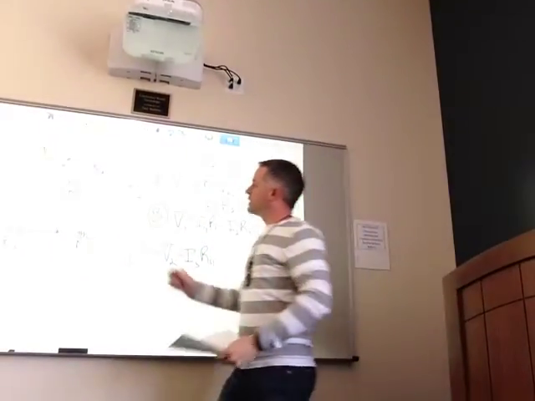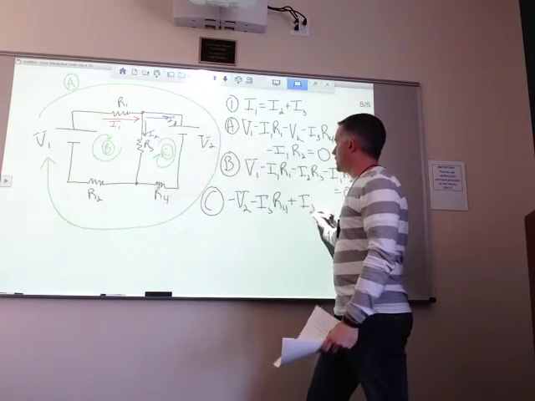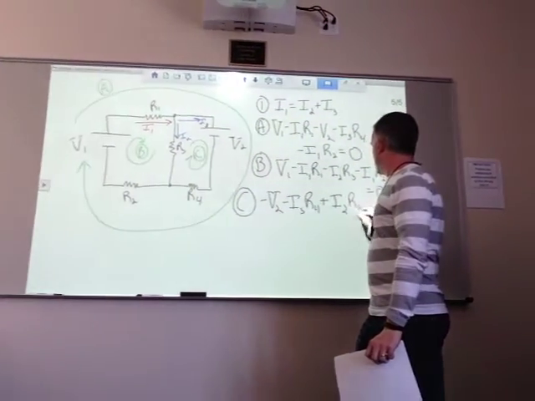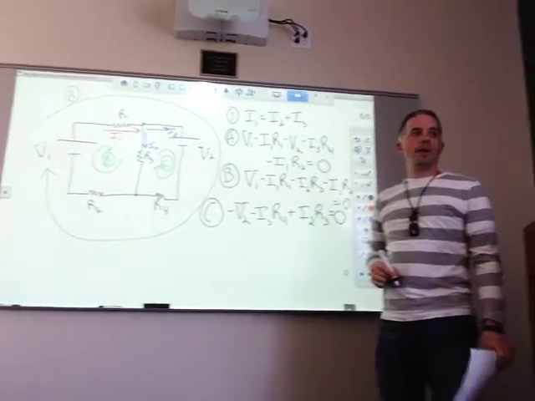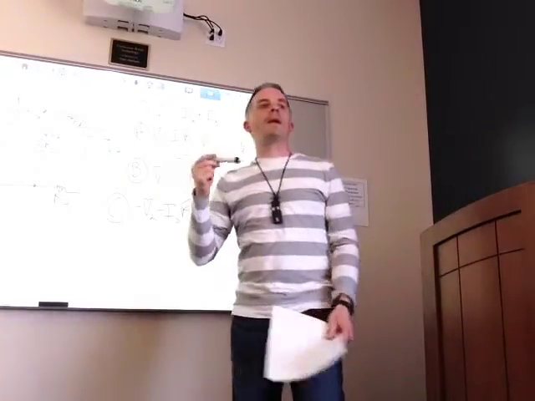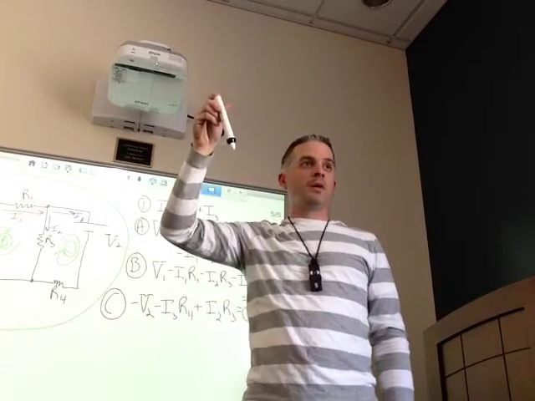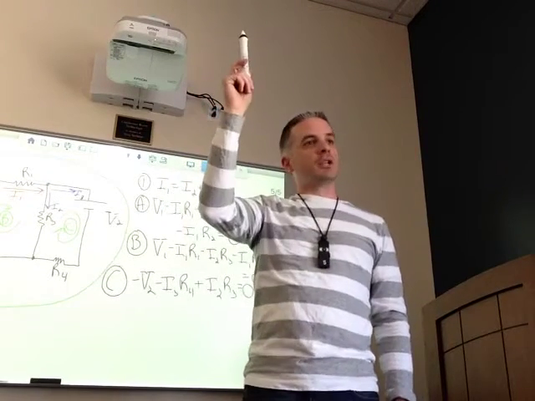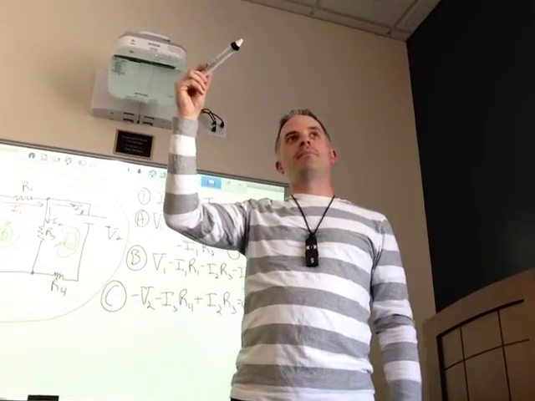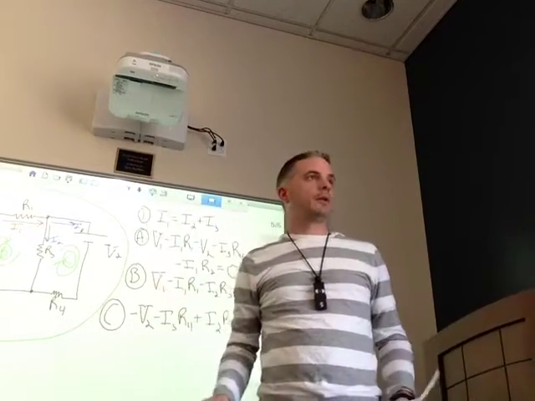So it would be plus I2 R3, and that's equal to 0. If a voltage drop is when we go with the direction of current, then going against the direction of current it's not a voltage drop; it'd be a voltage gain, I guess you could call it.